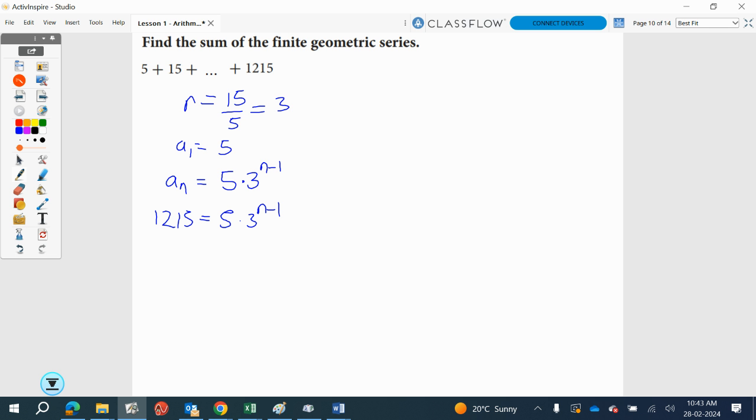A little bit more. You can use your calculator. How can we solve this using our calculator?